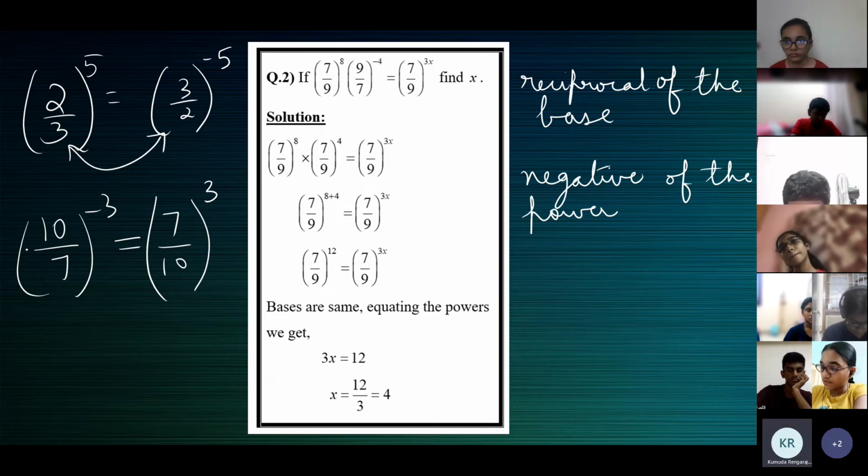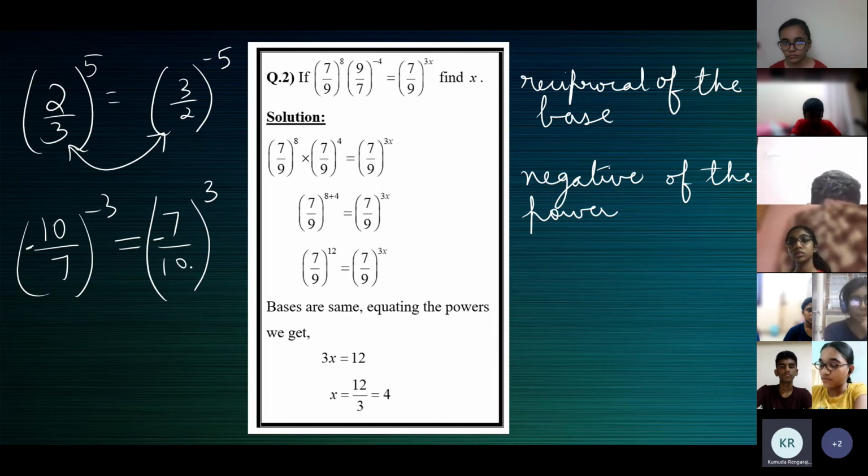Now, supposing this was minus 10 by 7, it will become minus 7 by 10. Don't change the sign here. Reciprocal of the base means just invert the base. So if it was minus 10 by 7 here, it will be minus 7 by 10 here. Reciprocal of the base, negative of the power: minus 3 becomes plus 3.